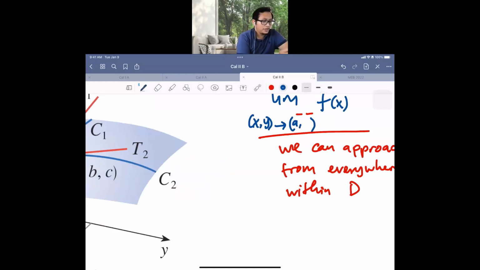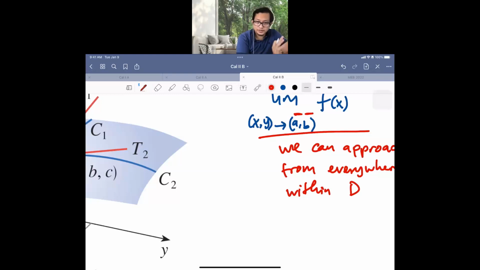So we can make x equal a as a constant. So x is constant and y will be our evaluation. And vice versa, we can have y as a constant and x as the variable. And by doing so, we can correlate those limits with the partial derivative, right?